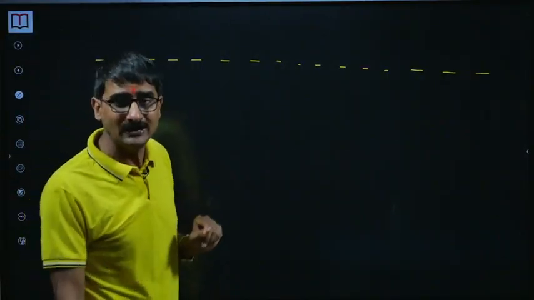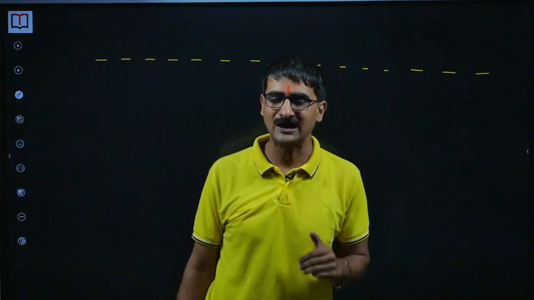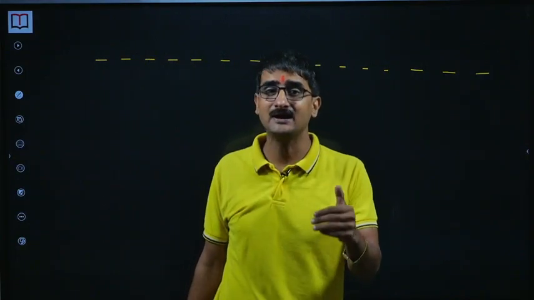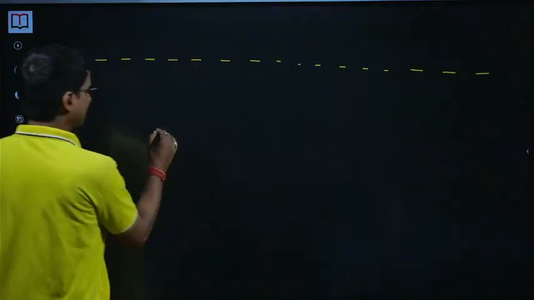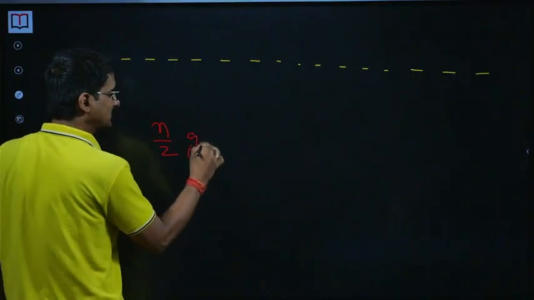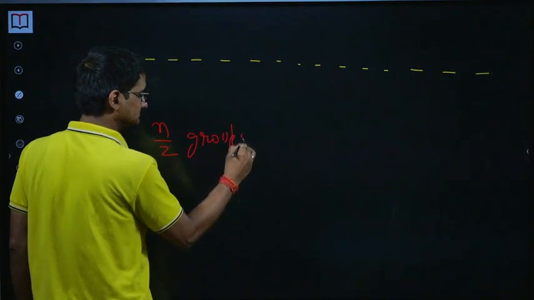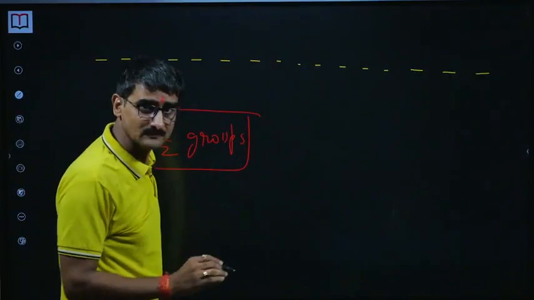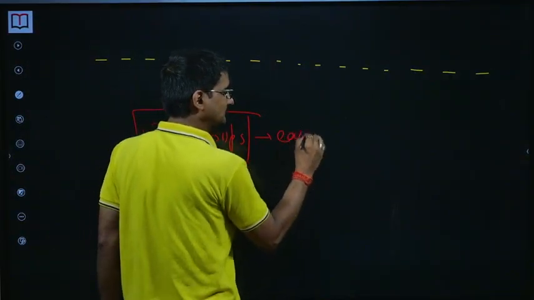Now how many groups do I have to make? I have to make n by 2 groups, each group with 2 persons.